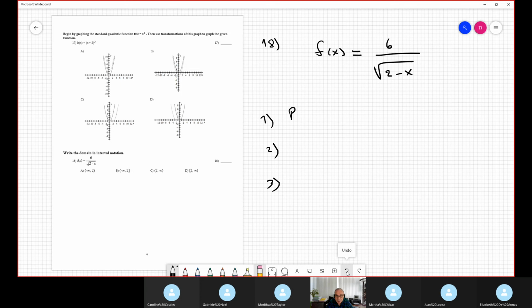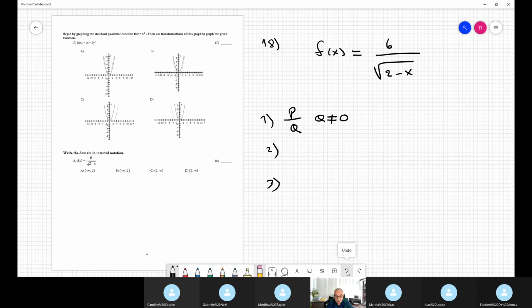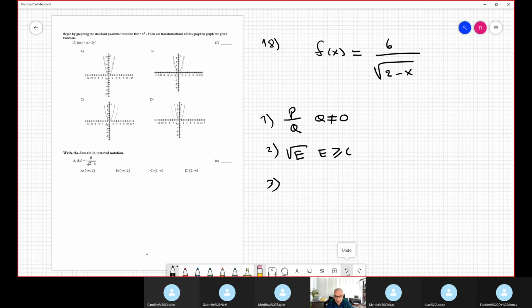When you have a denominator, P divided by Q, the expression Q on the bottom must be nonzero. And when you have a square root, the expression inside must be non-negative, positive or zero.